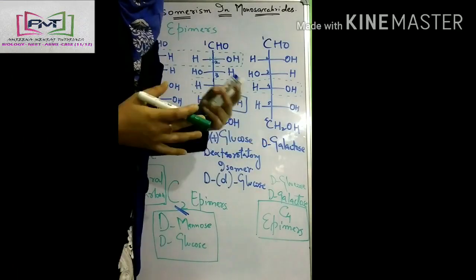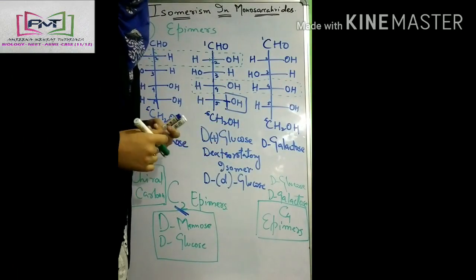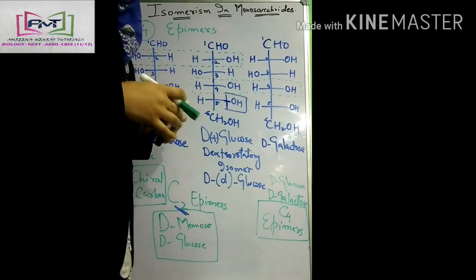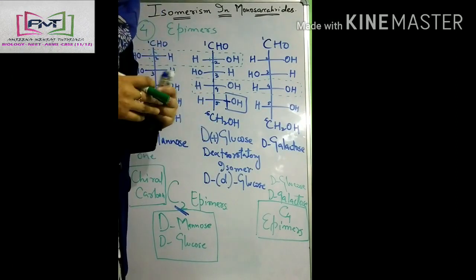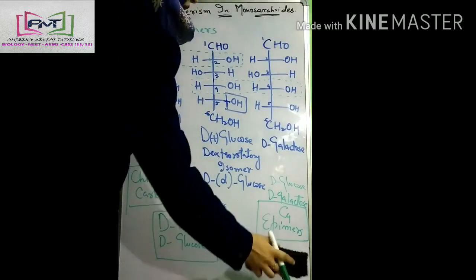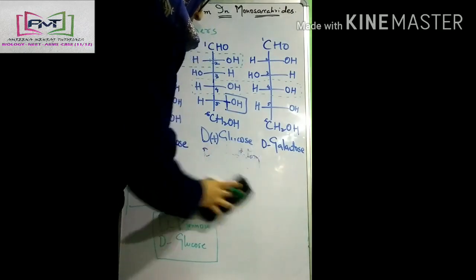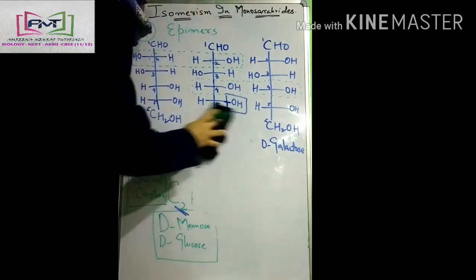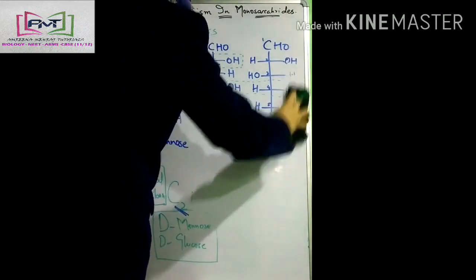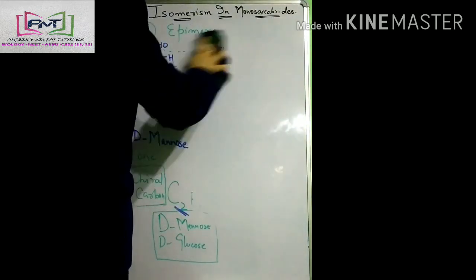Now sometimes after studying so much about monosaccharides, in competitive examinations, you are asked about modified monosaccharides, which are derived forms of monosaccharides. I would like to give you information for that also, because my videos are not meant for only board examinations, they are meant for your competitive examinations as well. So you must have this concept of derivatives of monosaccharides also.